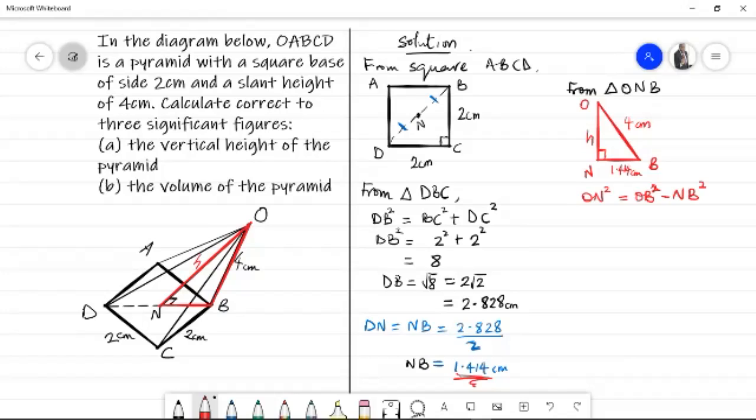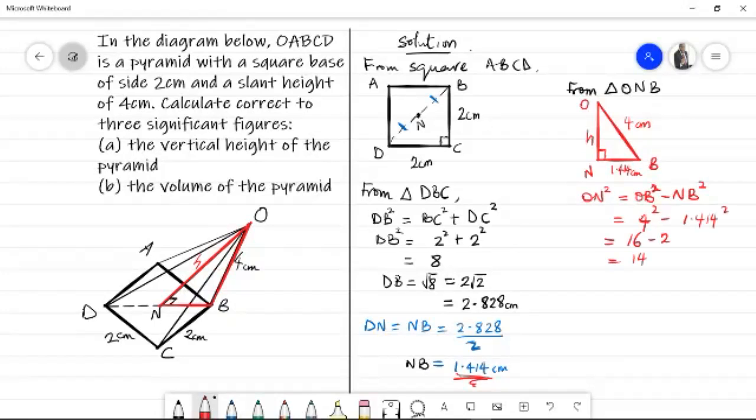So this is 4 squared minus 1.414 squared. Calculating this, we have 16 minus 1.414 squared, which should give you 2. So that means I have that to be equal to 14.